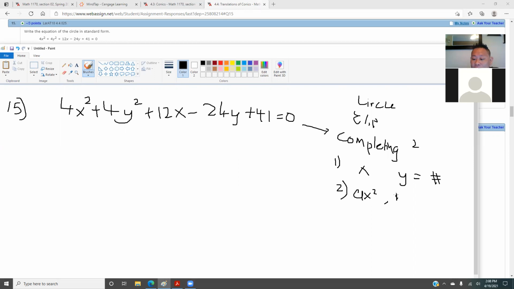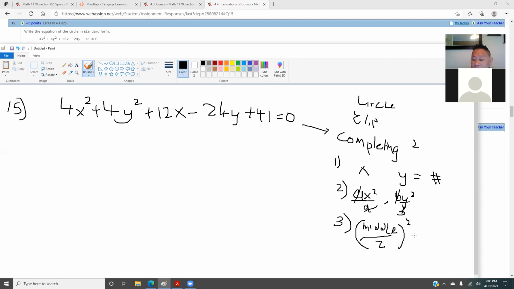Secondly, if you have a leading coefficient, you have to get rid of it. Like in this case, we have a leading coefficient, we will need to get rid of it later on. And then the third step: once you finish getting rid of your leading coefficient, the next thing we're going to do is take the middle term, divide it by 2, and square it.